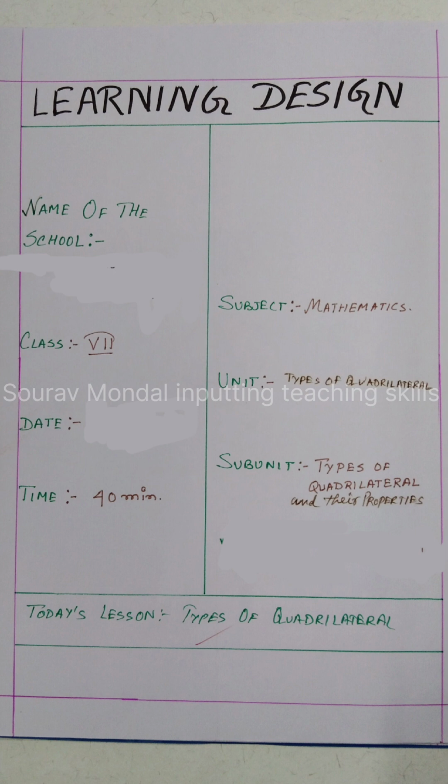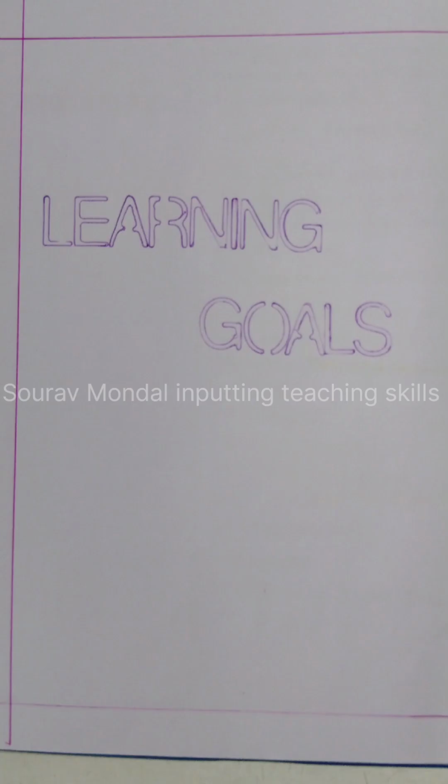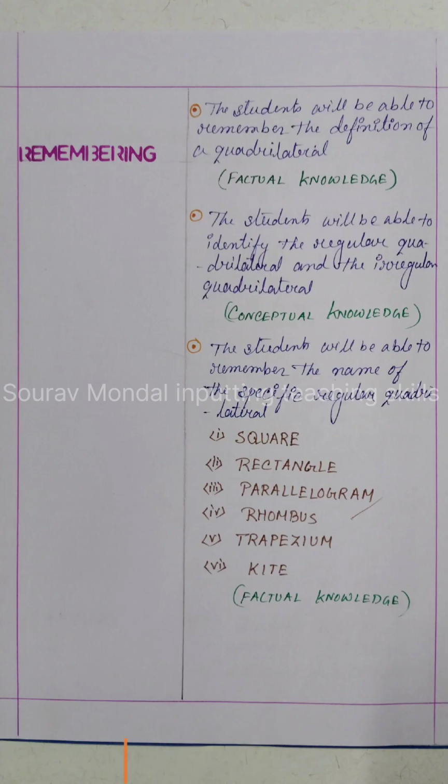Today, for the final teaching learning design, the subject is mathematics, and in mathematics I chose the unit types of quadrilateral in class 7, and my chosen subunit is types of quadrilateral and their properties.